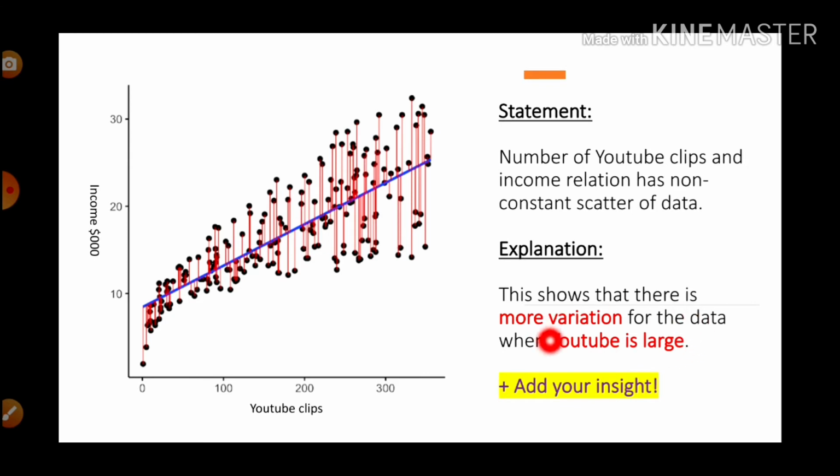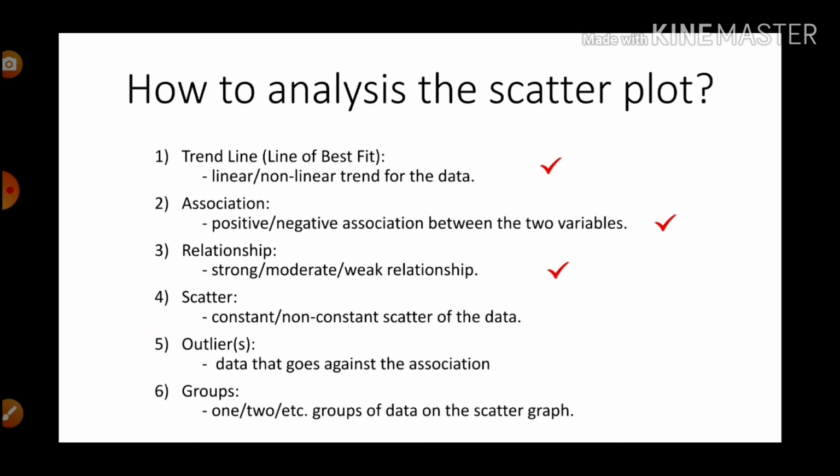There are more variations, you see, when the x-axis gets large, right? Give your insight, give reasons why this might have happened. This will pull you up to excellence. Okay, so there you go. We just differentiated constant and non-constant scatter data.